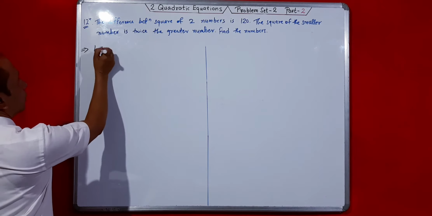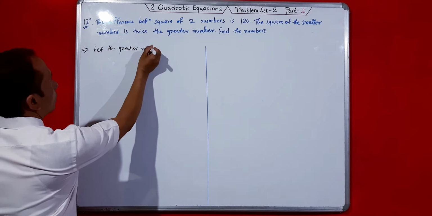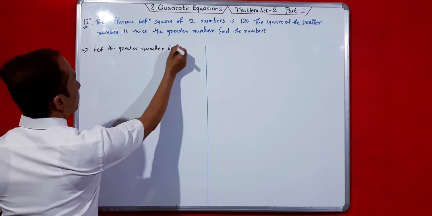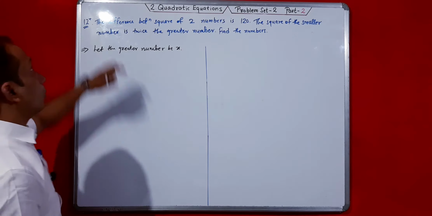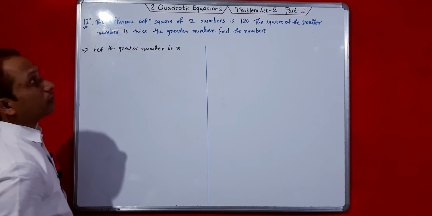Let the greater number be x. We consider the greater number because the square of the smaller number is twice the greater number. The difference between the squares is 120.